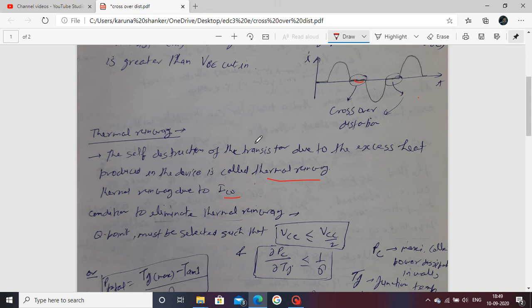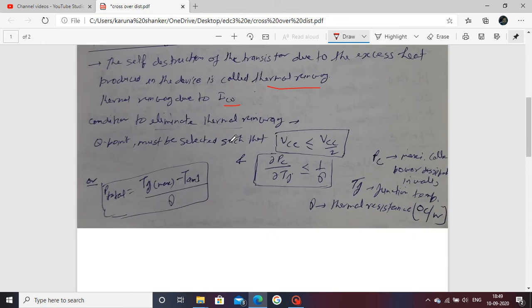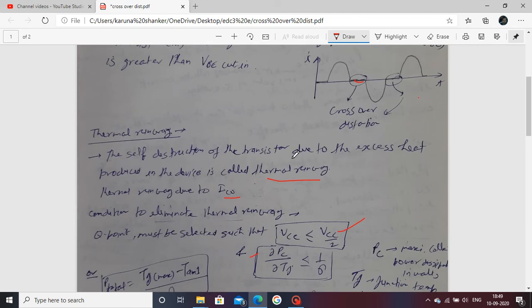Now, how do we eliminate the thermal runaway problem? To eliminate it, first we consider VCE, the collector to emitter voltage, less than or equal to VCC by 2. By using this condition, it eliminates the thermal runaway problem.